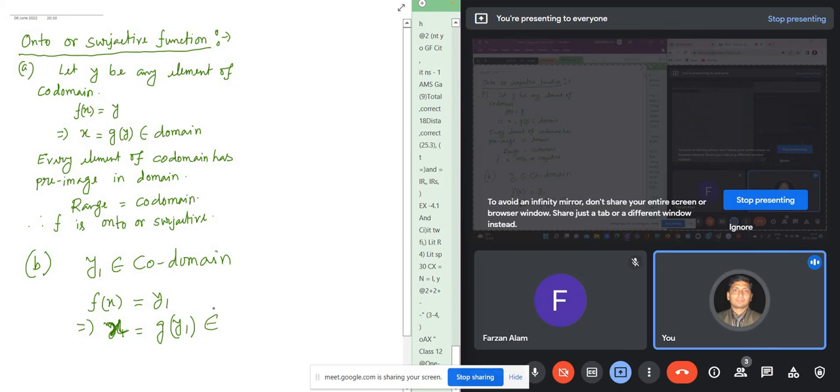If this does not belong to the domain, then you can say that f is not onto. And if a function is bijective, then it will be both injective and surjective. Out of these two, if any one is not satisfied, then we can say that the function is not bijective. Okay, so I hope you understood.